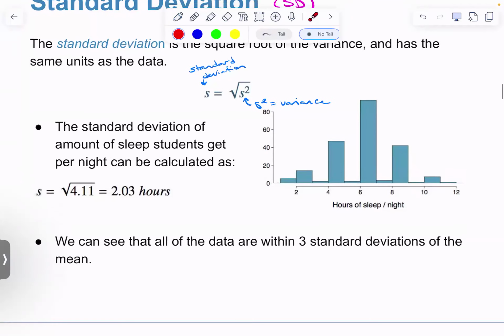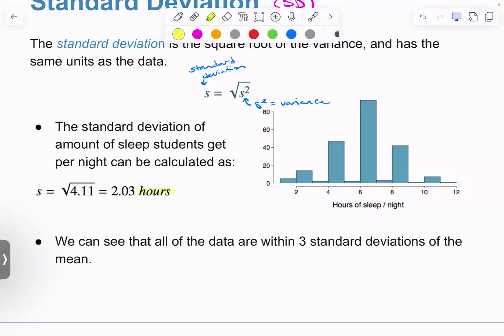Now, a couple of things. Using that variance that we found earlier, we found a variance of 4.11 hours squared. If I take the square root of 4.11, I get 2.03. But now I'm just back to hours: hours squared, square rooted, brings us back to hours.